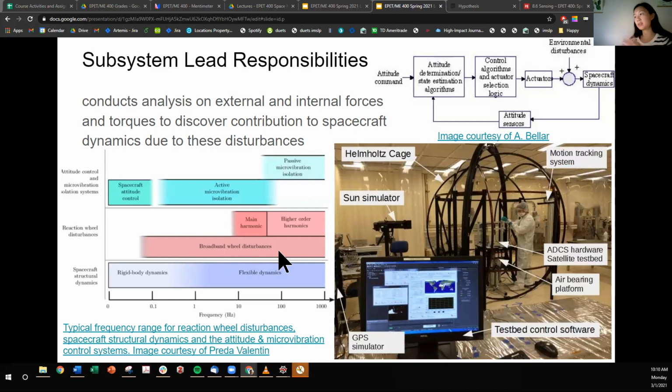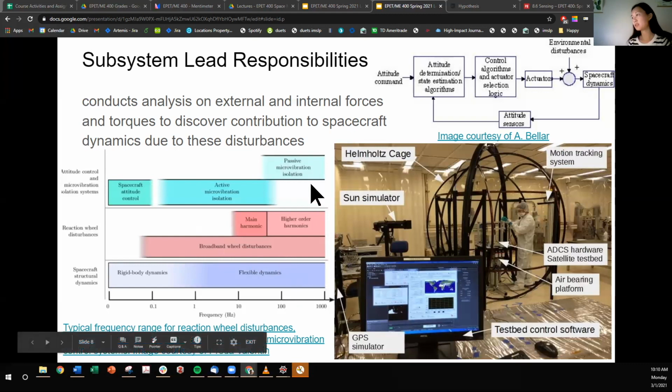If the wheel, for example, is imbalanced, then while the rotor is spinning on the bearing, it can wobble, and that could create disturbances as well. And I thought this was just a neat picture depicting the different frequencies at which these dynamics are imparted.